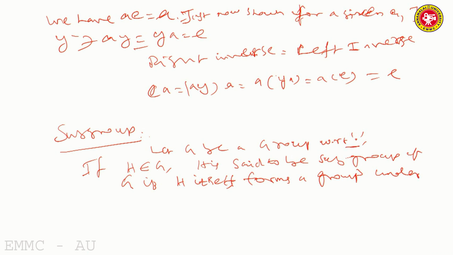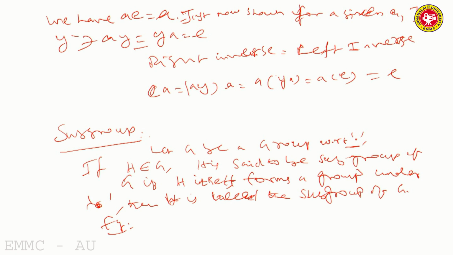Here the binary operation is product, dot, then H is called a subgroup of G.